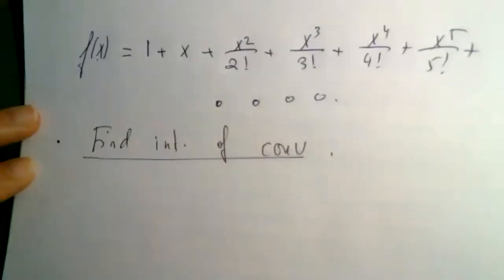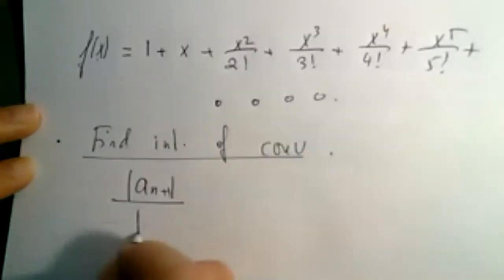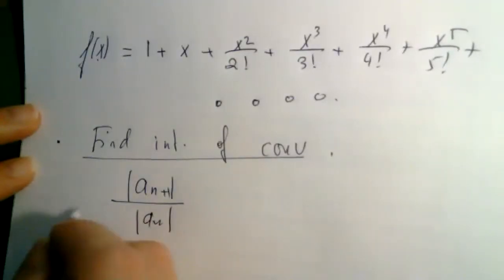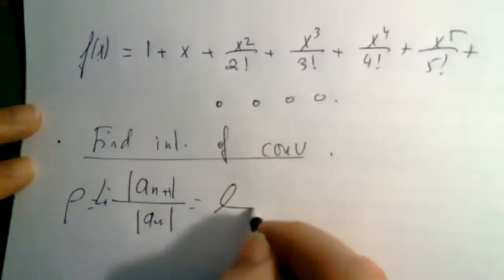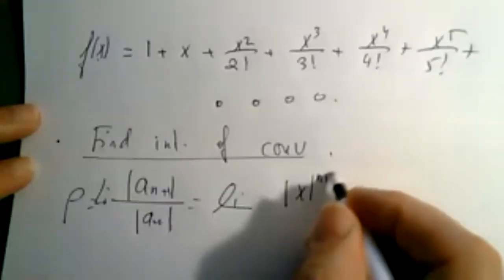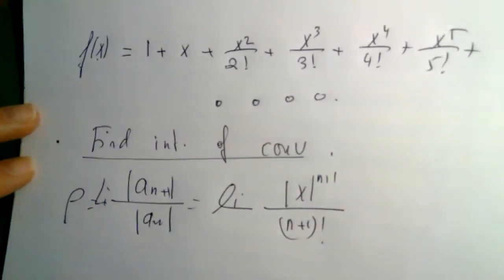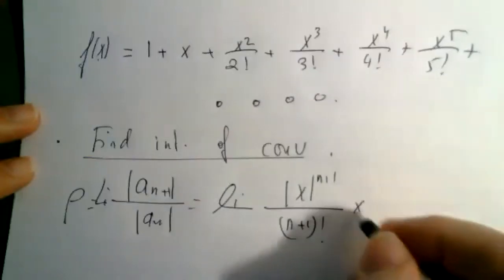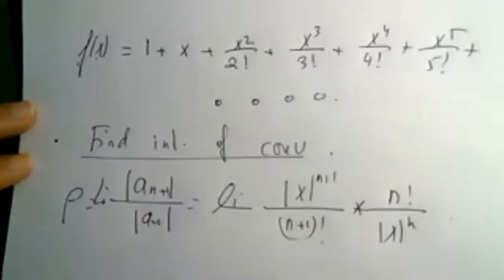Okay, I'm going to do that. So I'm going to compute the limit of a_n+1 over a_n. That's the only way. Now, a_n+1 in my scenario is x to the n+1 over n+1 factorial, and my a_n is n factorial over x to the n.